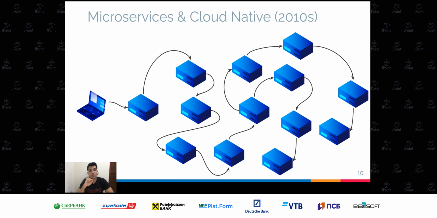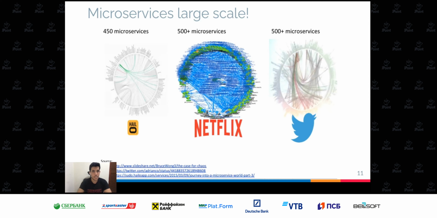It enabled us to deploy faster, deploy smaller, and deploy better. And you probably heard about success stories of many companies that managed to adopt or build a distributed system at scale using microservices architecture.